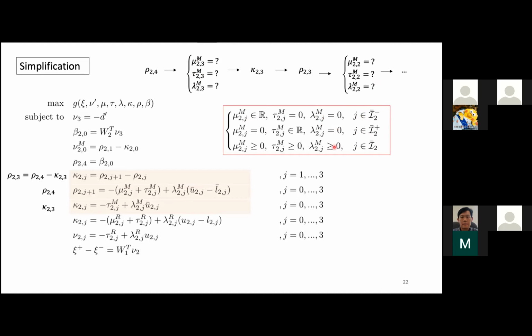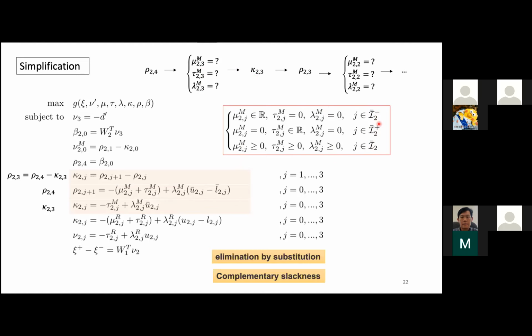So here we also have three sets because they correspond to that constraint. And here we want to know the values under the bar I2 minus set, the bar I2 plus set, and the bar I2 set of the mu n, tau n, lambda n, and the kappa.